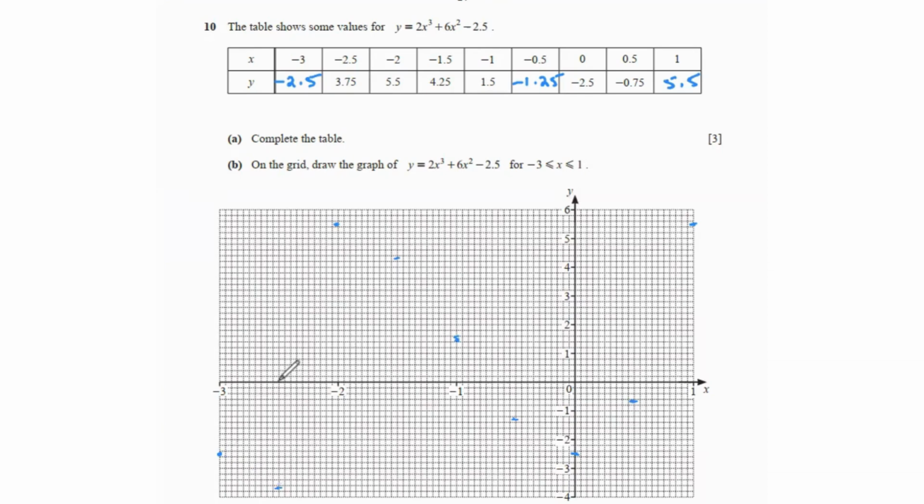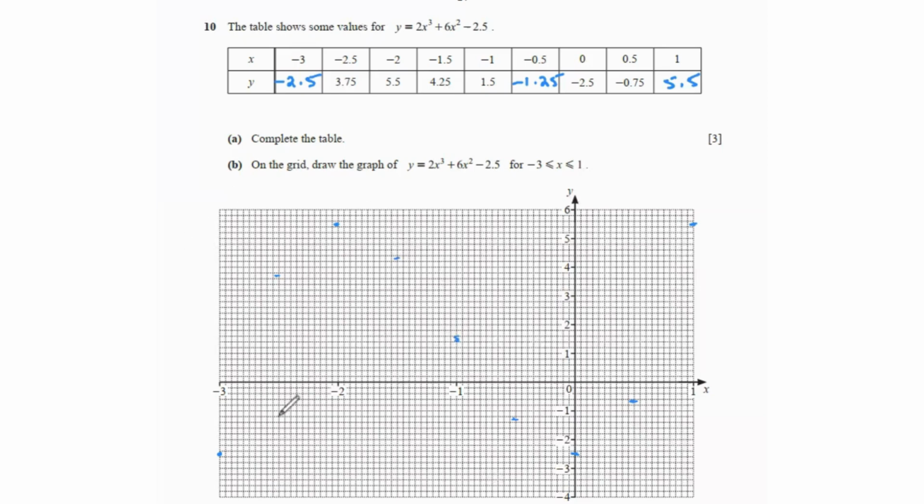That was positive. 3.75 is, yeah, not this.